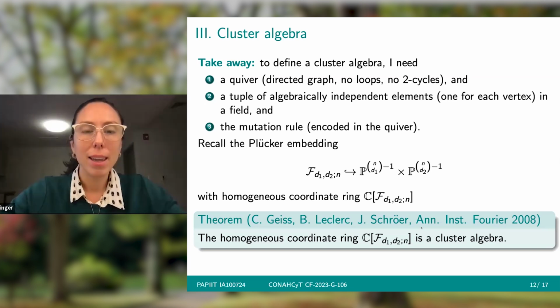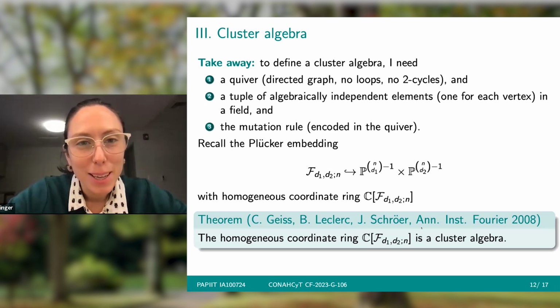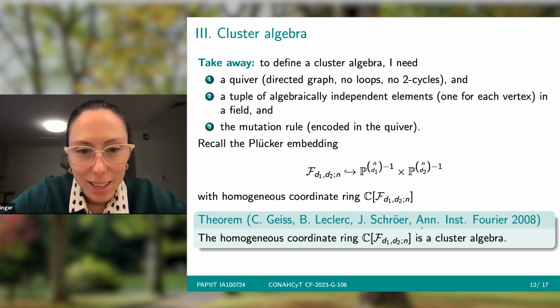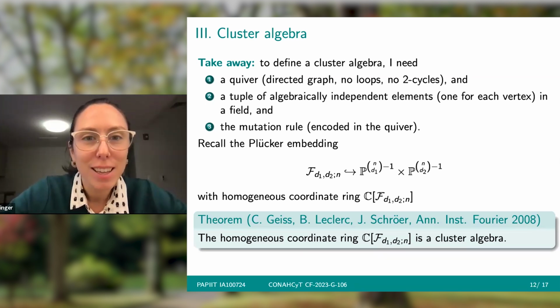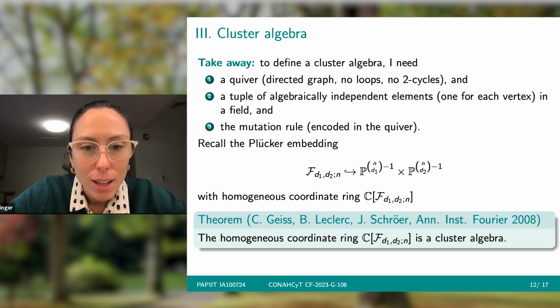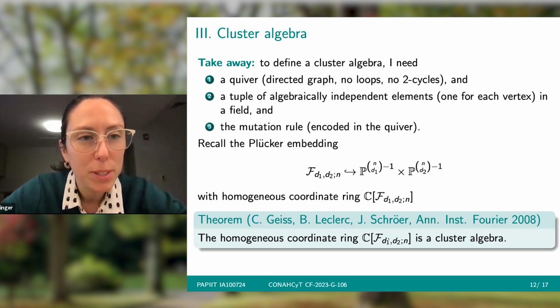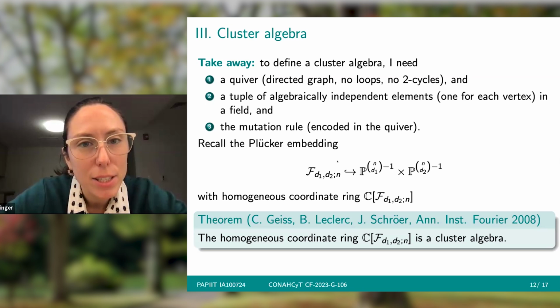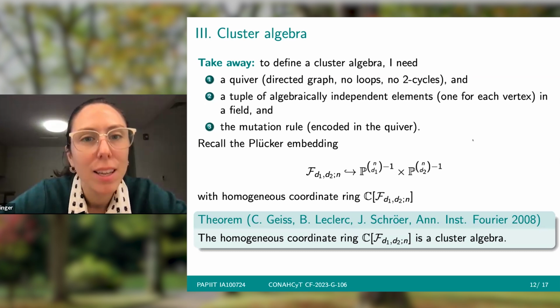Okay. Small question. Yes. So if d2 is not equal to d1 plus 1, then we don't have this purity phenomenon which we have for Plücker varieties and for the Grassmannian.